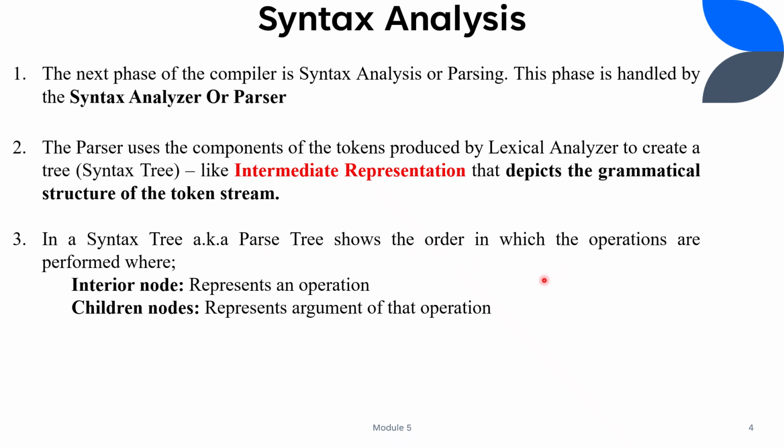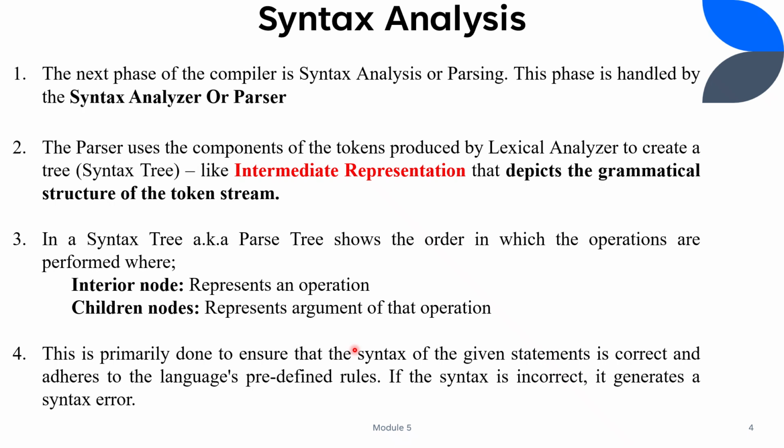various operations are performed. Here, because it is a tree, every interior node or my root node will represent an operation and my children nodes will represent the operands of that operation, which are also known as the arguments of that operation.